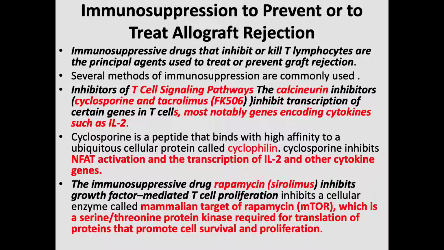So when we talk about acute rejection, we need to use medications that block proliferation of T cells or even directly cause apoptosis of T cells. And you already know that interleukin-2 is a very important growth factor for cytotoxic T cells, helper T cells, and also NK cells.